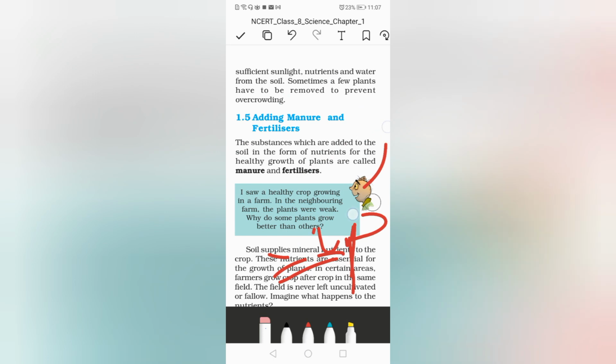Remember this, in your exam it could come: what is manure, what is fertilizer, or what is the difference between manure and fertilizers. Fertilizers are chemical, while manure is natural. The substances which are added to the soil in the form of nutrients for the healthy growth of plants are called manure or fertilizers.